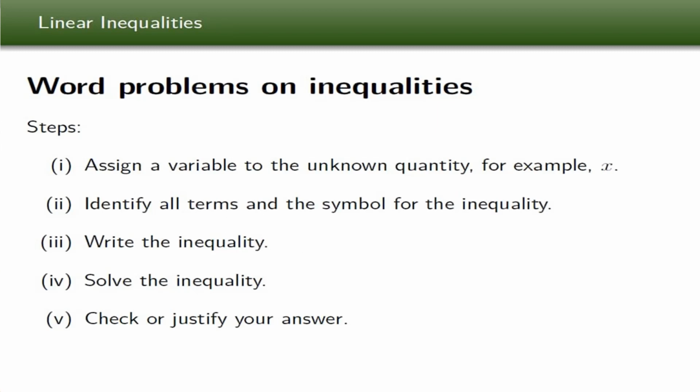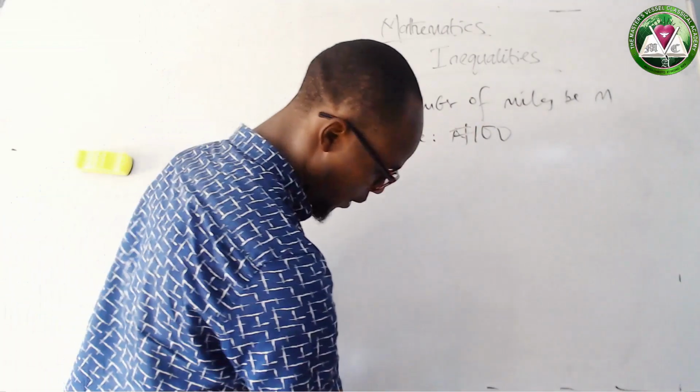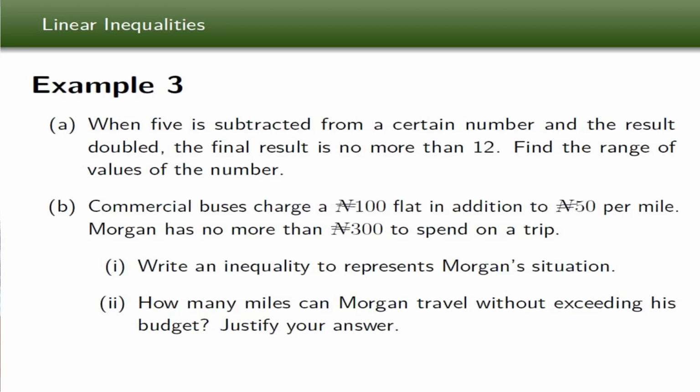From the first statement, we have that buses generally charge 100 naira flat. So that means there's a flat rate of 100 naira. Now, going to the next statement, we have that in addition, translating this to a mathematical statement means a plus sign there.